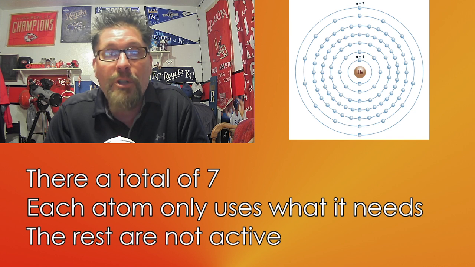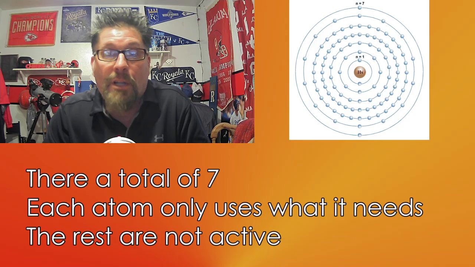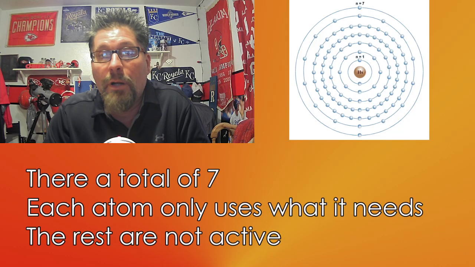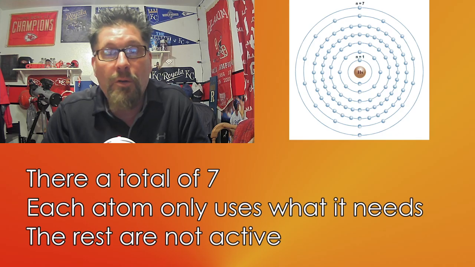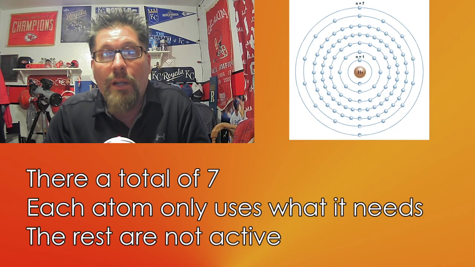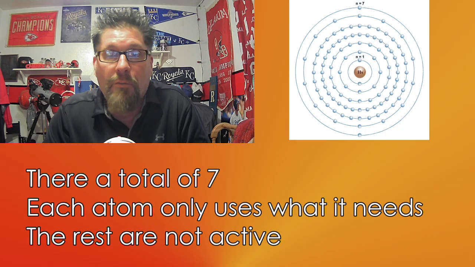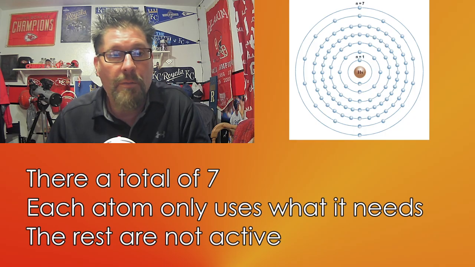And again, a chemistry class will do that ad nauseum. We will not. It is a lot of fun. I enjoy it. But it's not a topic that we are going to get into. We just want to know there are 7, and the electrons are on them, placed in a particular pattern, and the rest are simply not active if they are not being used.